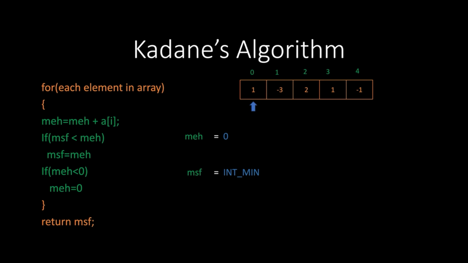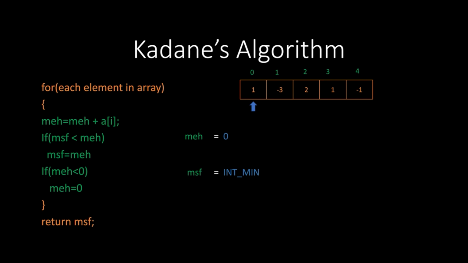First we would be at index 0 and the element is 1. Looking at the algorithm, the first statement says that maximum ending here would be replaced by maximum ending here plus a of i. That is, maximum ending here would be added with the current element.